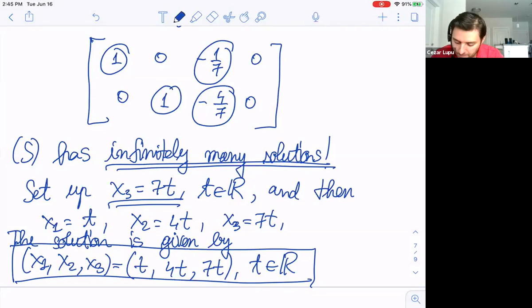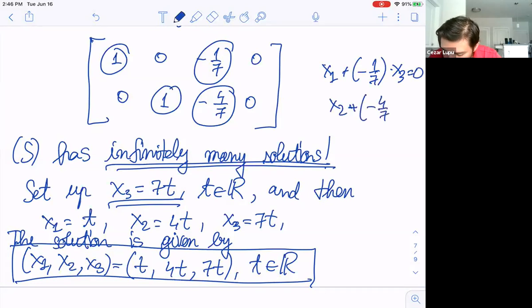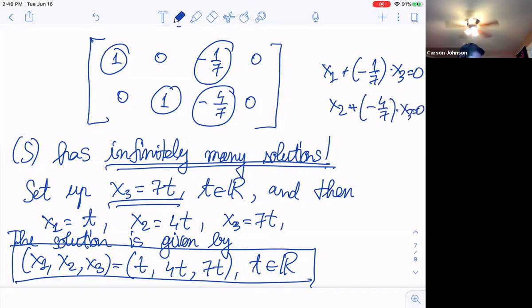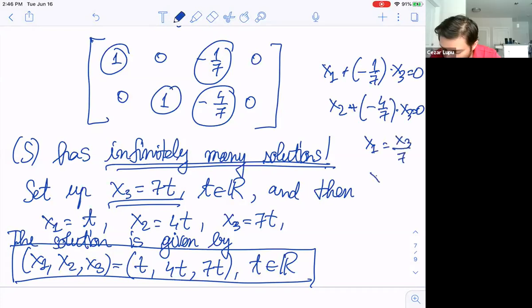Okay, let's write it again. So when we write this in row echelon form, we have x1 plus -1/7 times x3 equals 0, right? And from the second one, we can infer that x2 plus -4/7 times x3 equals 0. Or if you want, x1 is x3/7, and x2 is 4x3/7.